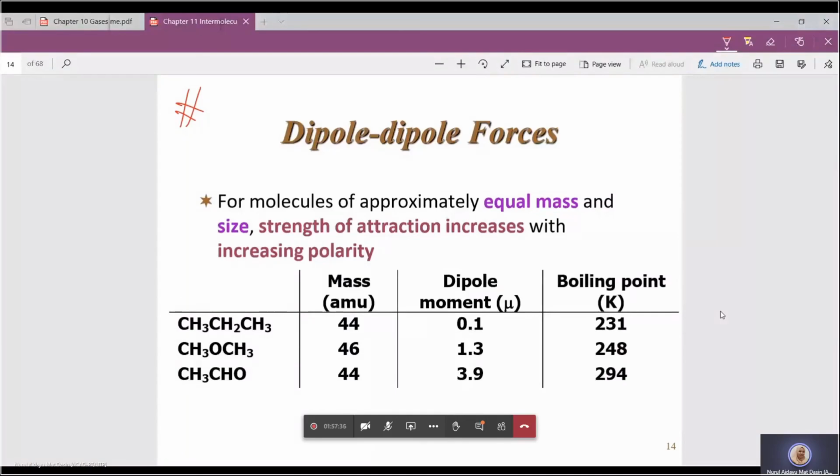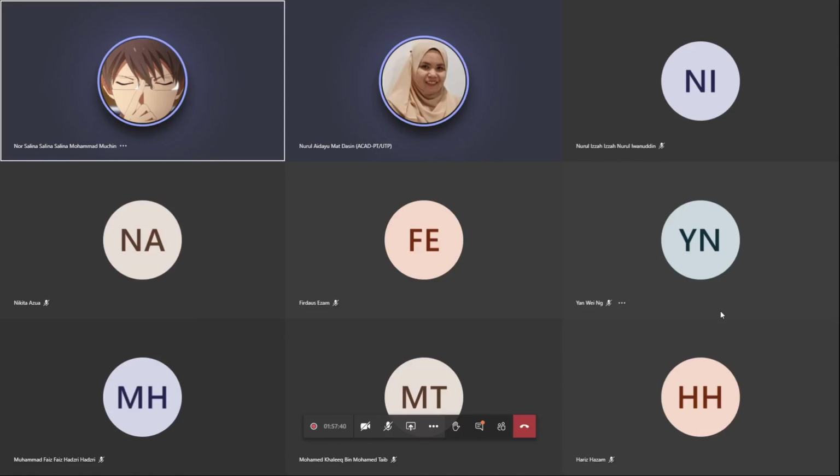So the order from the weakest to the strongest: the weakest is London dispersion force, followed by dipole-dipole, then ion dipole, then hydrogen bond.